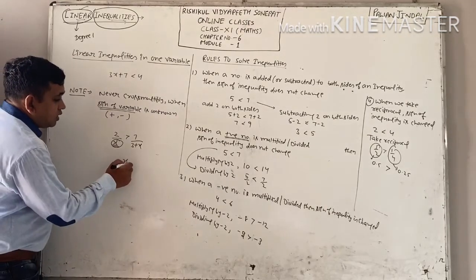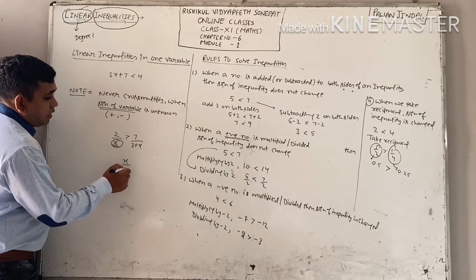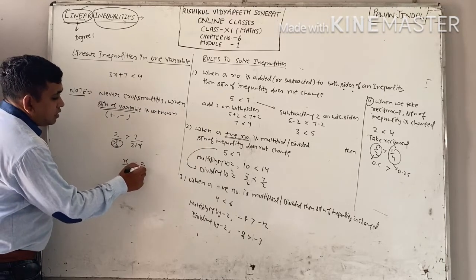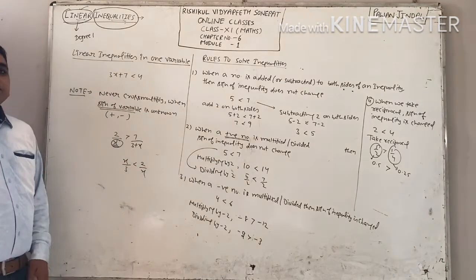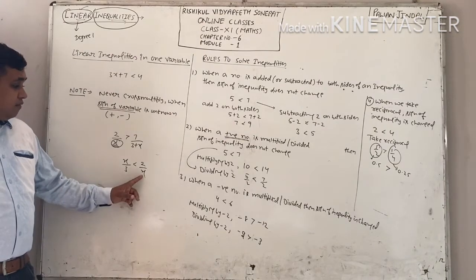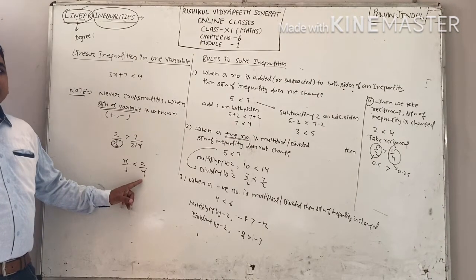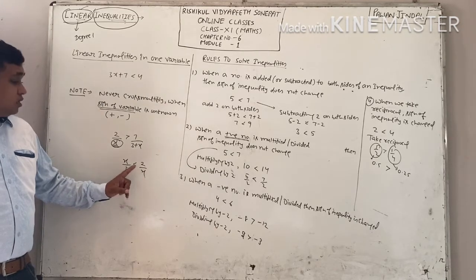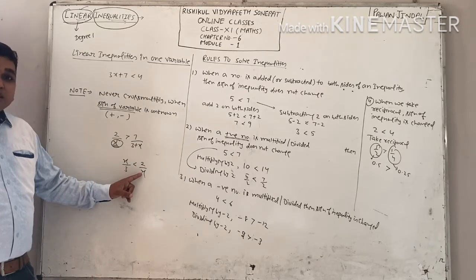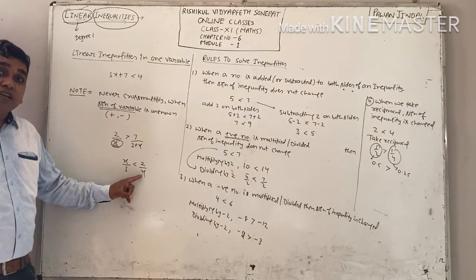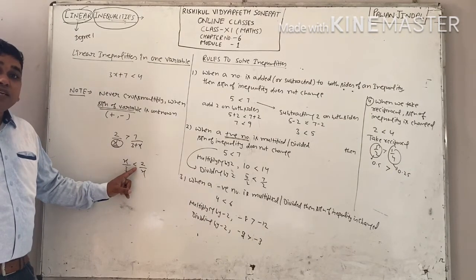More examples you can take. X by 3 less than 2 by x. Here we don't know the sign of x, whether it is positive or negative. You will not cross multiply, because if sign of x is positive, then there will be no effect. But if sign of x is negative, then the sign of inequality will be changed.